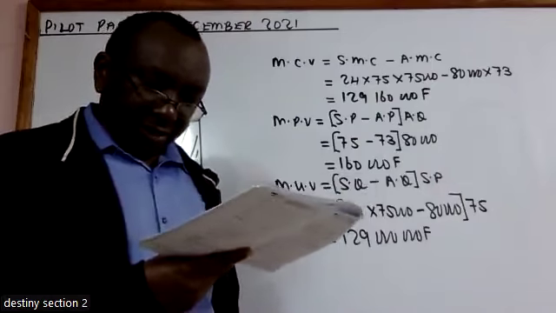The first column is for X, where we have 5, we have 6, we have 6.5, we have 6.7, we have 7, we have 7.5, we have 8 and 9.